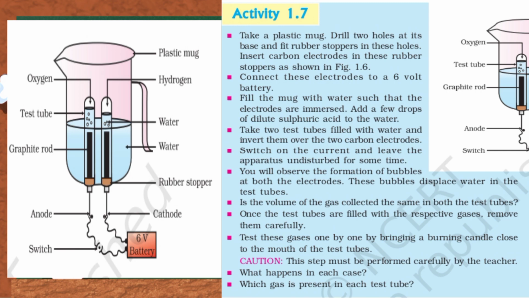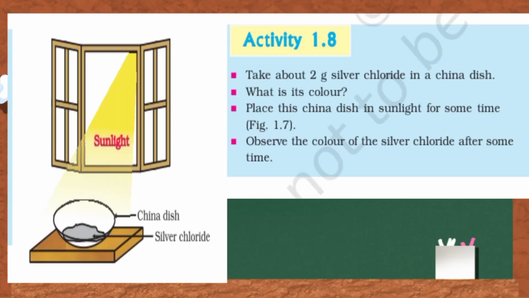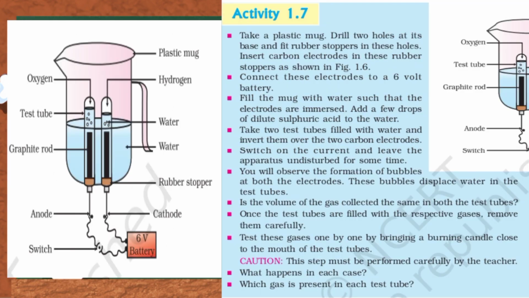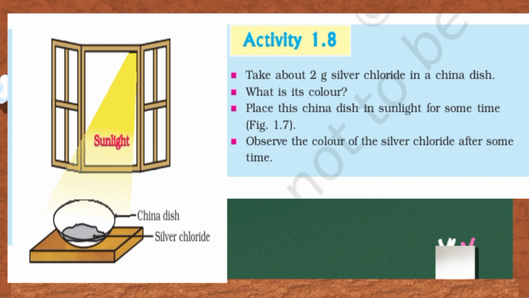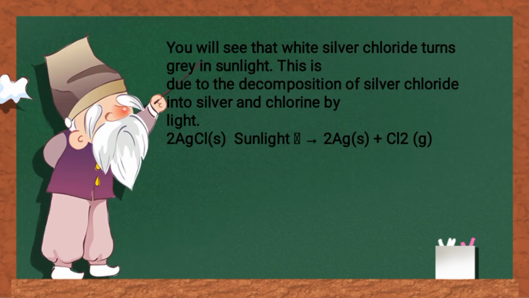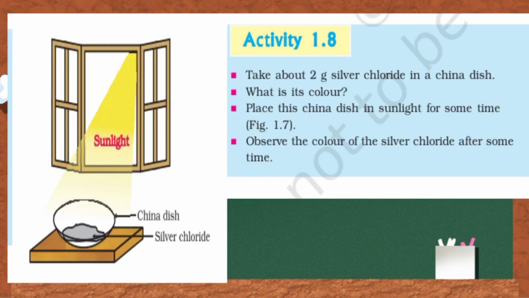This step must be performed carefully by the teacher. What happens in each case? Which gas is present in each test tube? So we have to check them. In my next class I will be telling you the result of the observation.